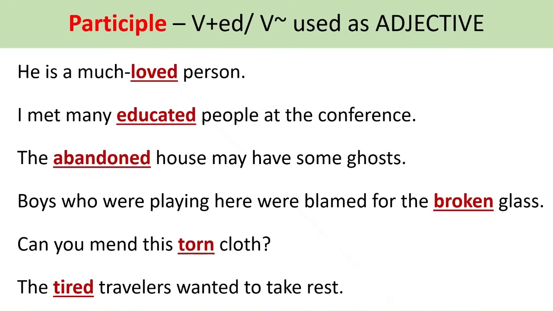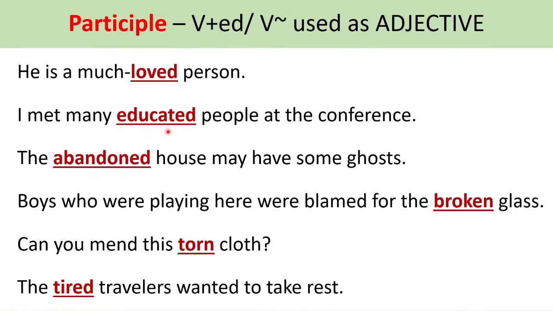So you have sentences. He is a much loved person. So person is the noun and the word loved is not a verb here because verb is already there, is. Much loved is hyphenated. So here you are using the adjective form. I met many educated people at the conference. Educated qualifies the noun people.